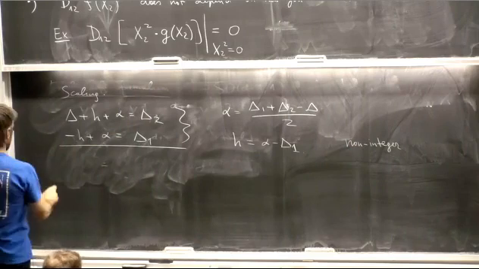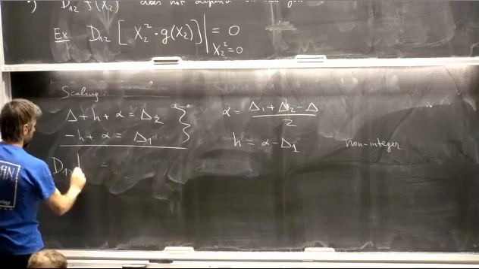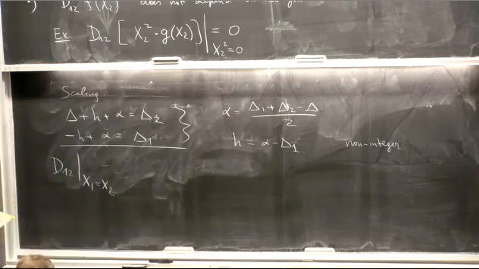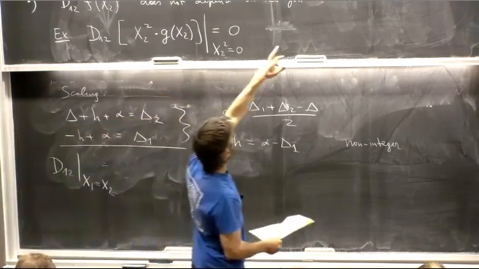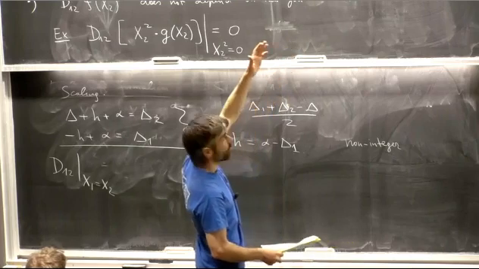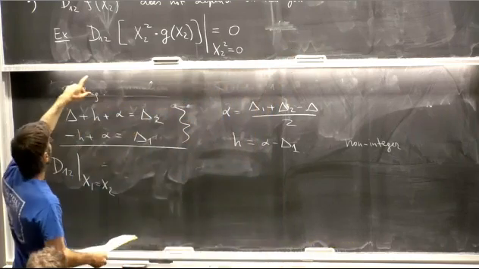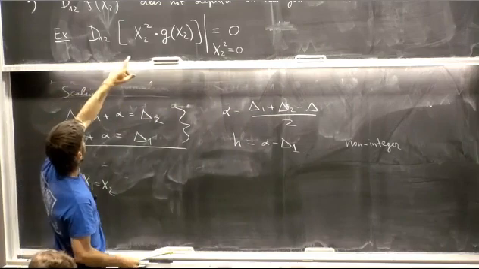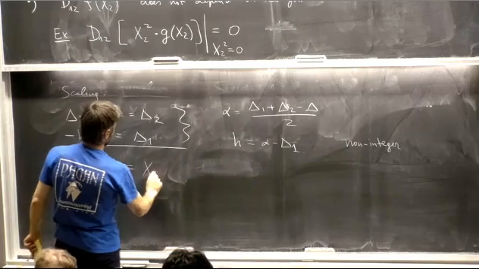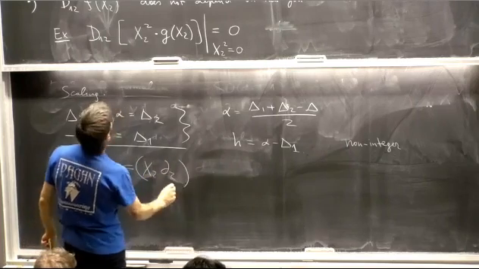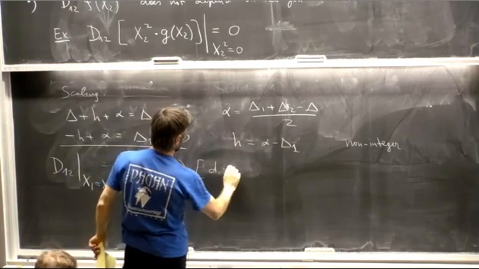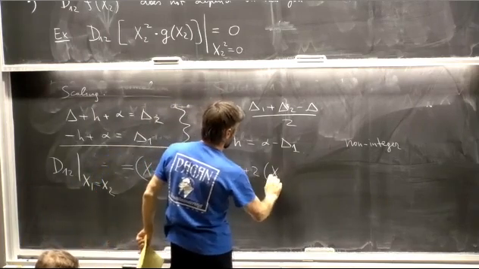So let me compute d12 in the limit when x1 equals x2. In this limit, the last term drops out because it's proportional to x1 times x2, which becomes 0. Now the first term simplifies dramatically, so the first term becomes x2 d2 times d plus 2 d minus 2 plus 2 x2 d2.